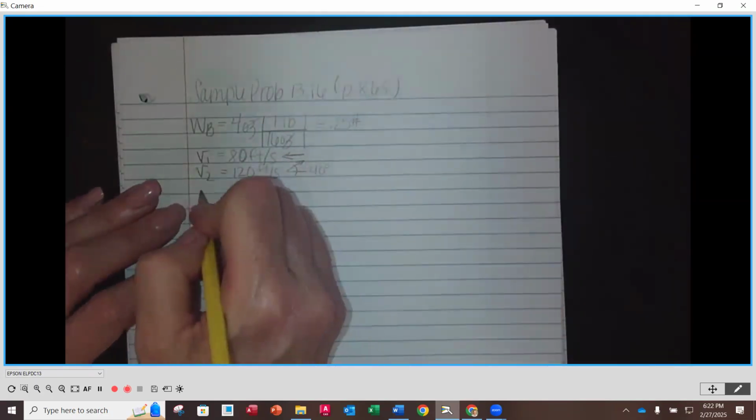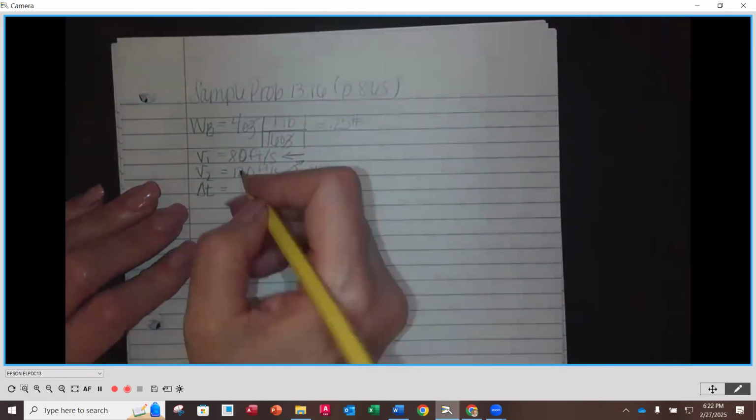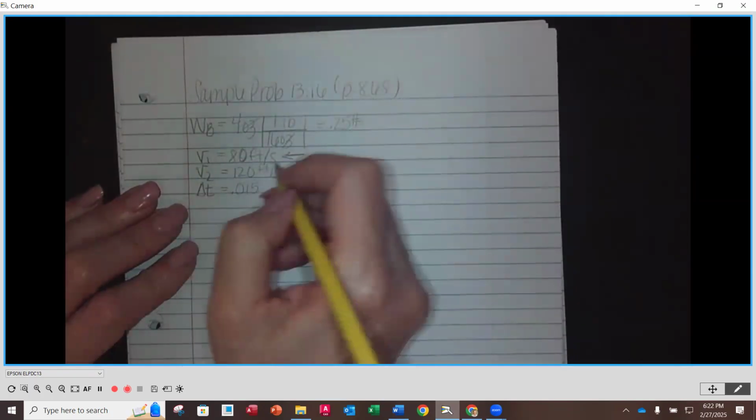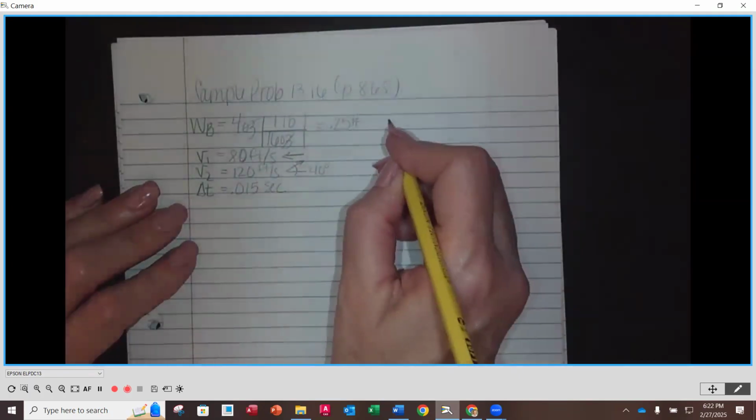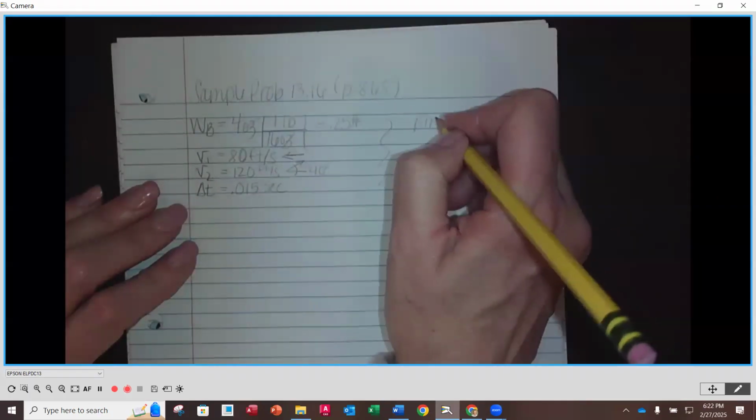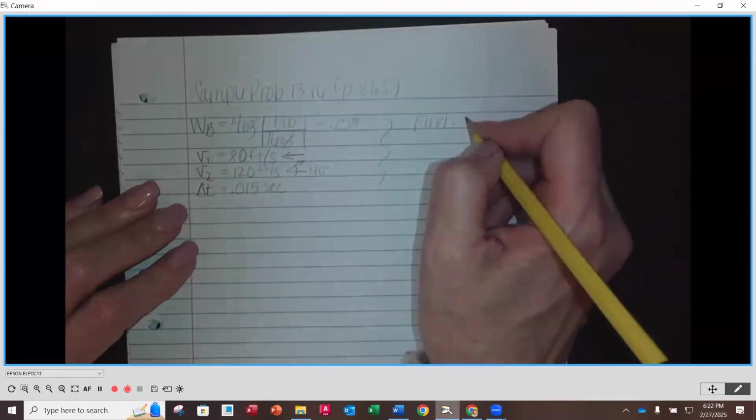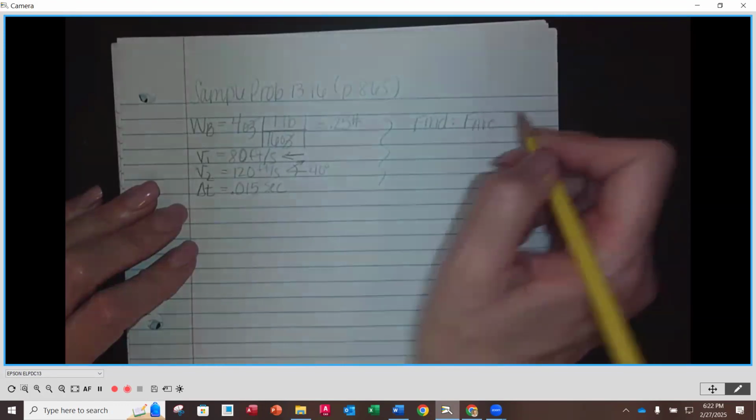Additionally, we know the change in time that the bat is in contact with the ball is 0.015 seconds. And we want to find the average force of that impulse.